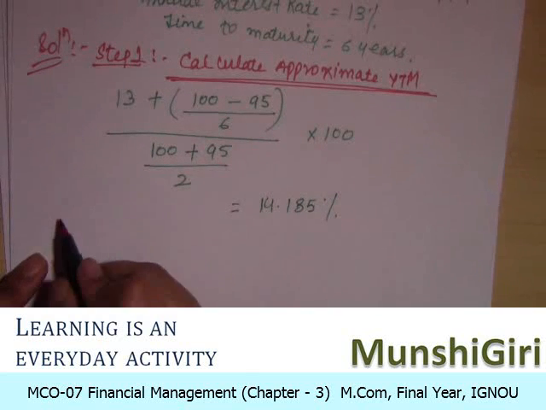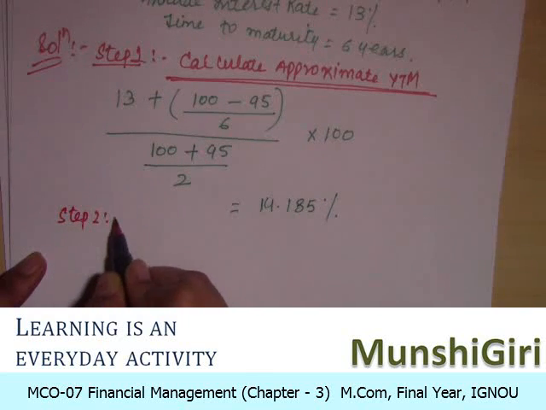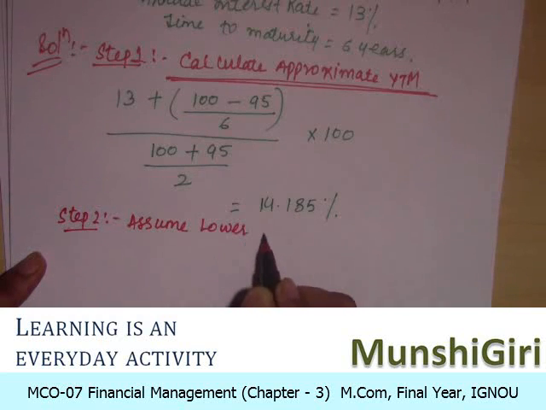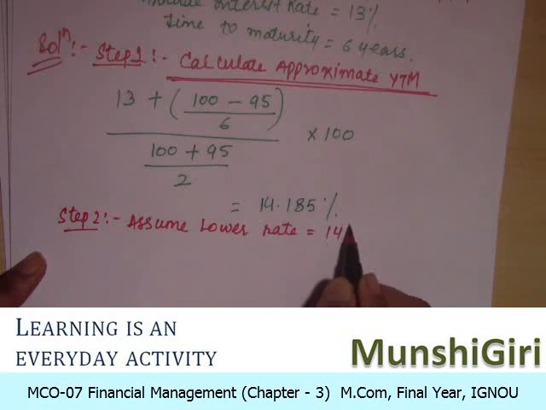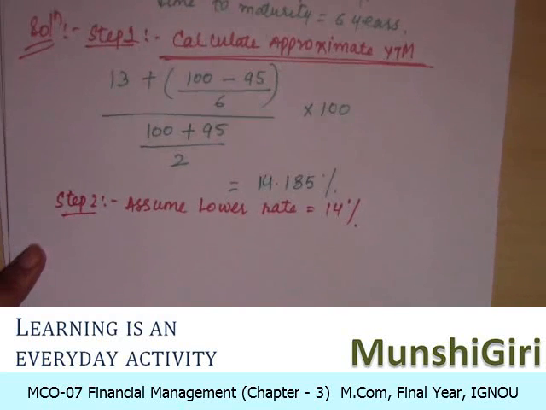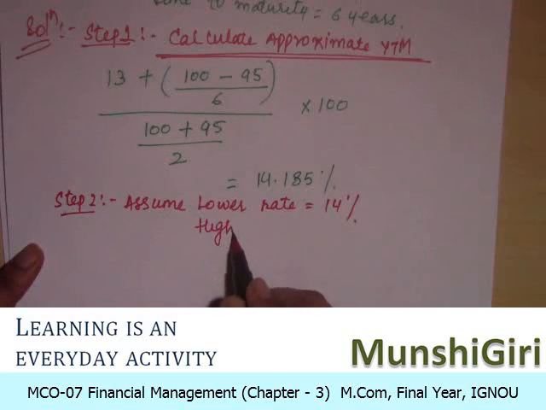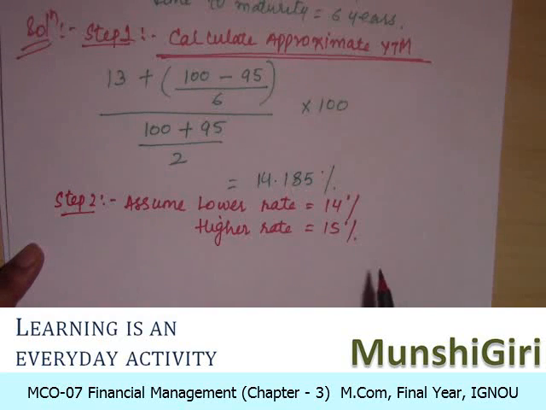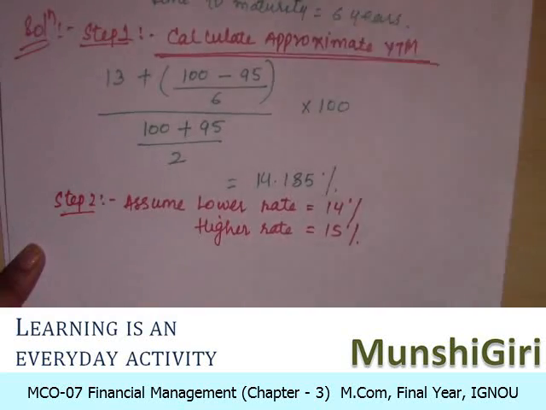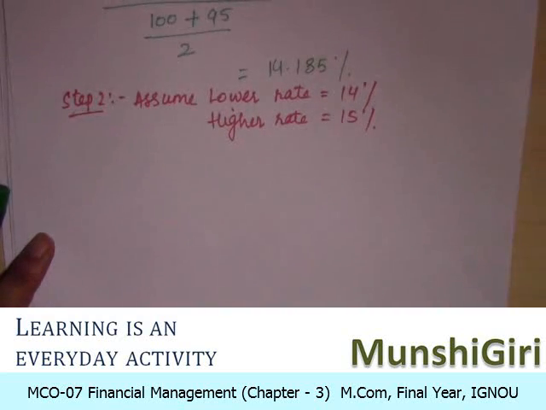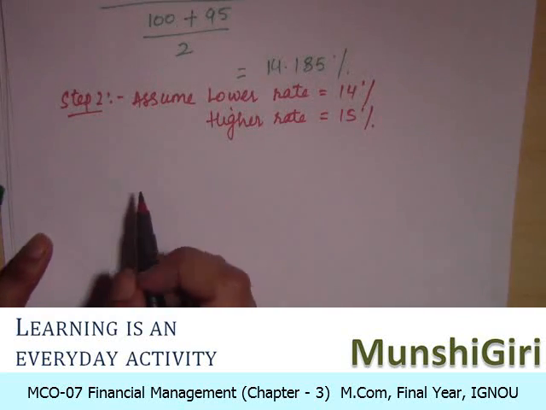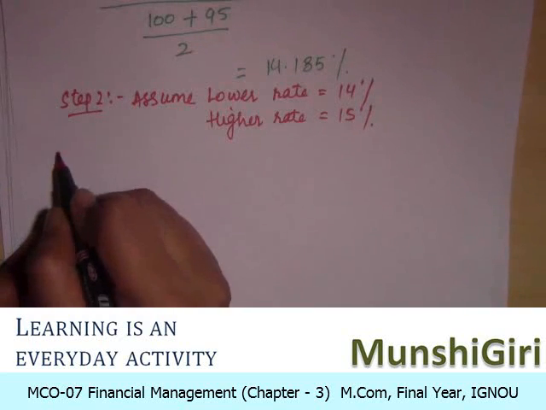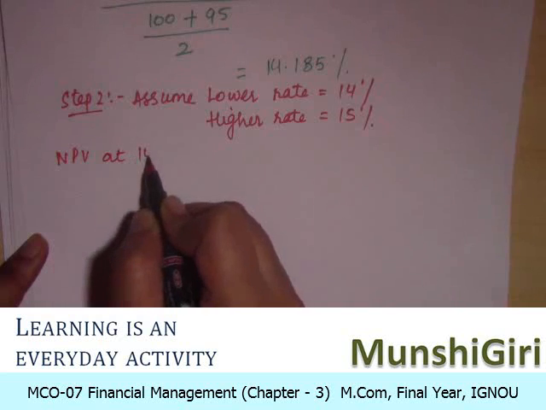Now step 2 is assume the lower rate to be 14%, that is below this yield to maturity, and assume the higher rate to be 15%, that is above this yield to maturity. Now what we have to calculate is the net present value at 14% and the net present value at 15%. First of all, NPV at 14%.